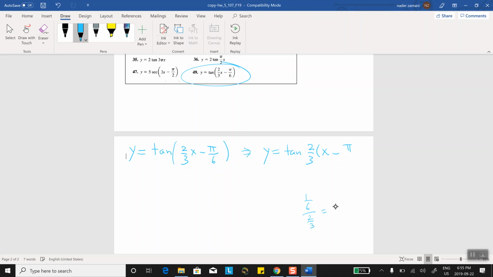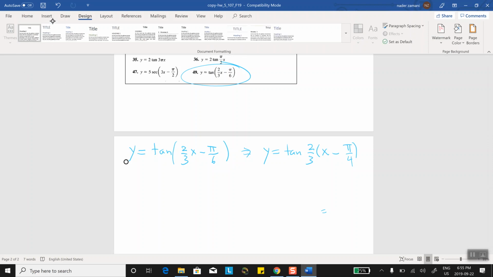So this is 3 over, this is going to be minus 4 pi, if I'm not mistaken. Is that right? No, no, no. 1/6 divided by 2/3. So that's going to give 3 over 12. Okay, so it's going to be pi over 4, not 4 pi. Okay, so let's get to this. All right, good. If you multiply 2/3 by pi over 4, you get exactly pi over 6.